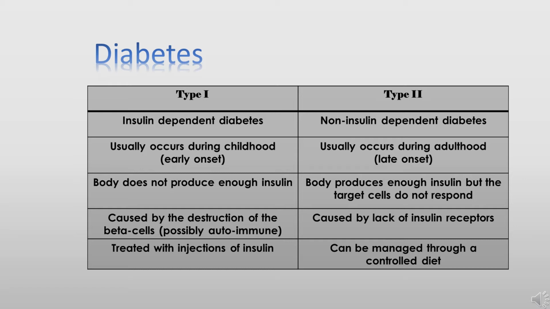Type 2, also known as late onset diabetes, is where the target cells do not respond to insulin. Clearly, injecting insulin will have little effect, and blood glucose is usually managed through a controlled diet. Type 2 diabetes is often associated with things such as obesity.